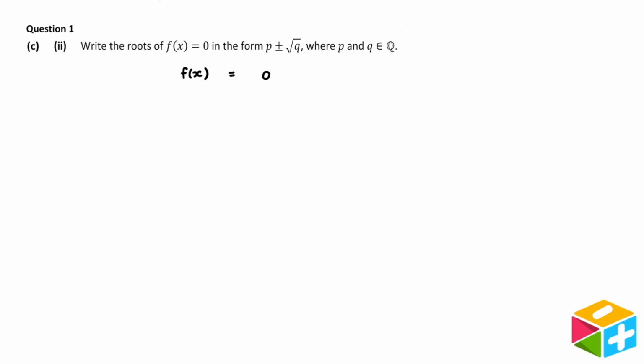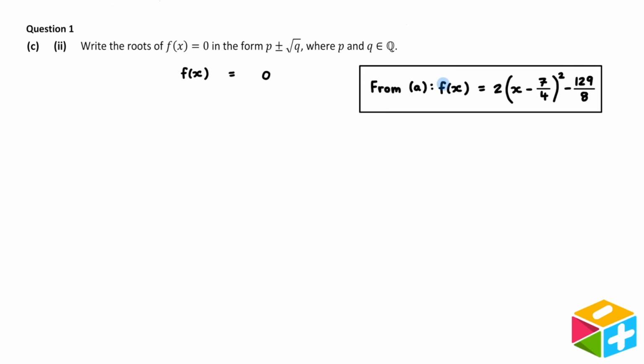In this question, we must solve the equation f of x is equal to 0. In part A, we discovered that we could write f of x as 2 times x minus 7 over 4 all squared minus 129 over 8. So let's write this expression in for f of x. The resulting equation only involves a single x term.